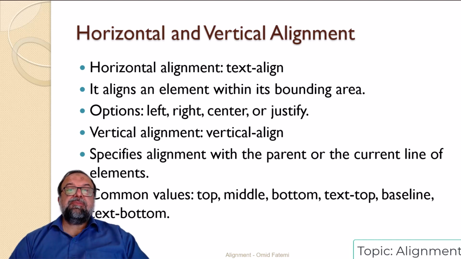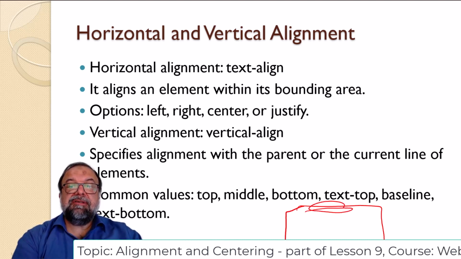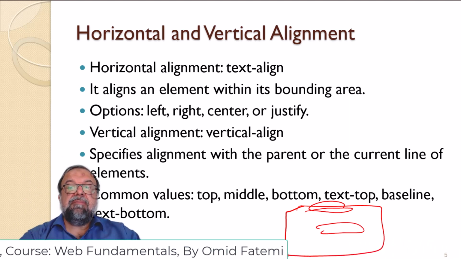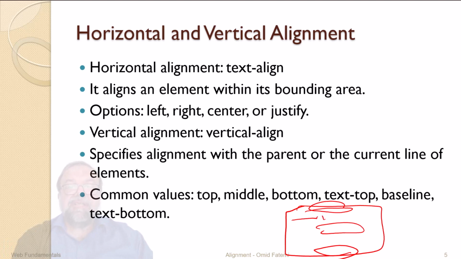The different values for this property would be top, meaning top alignment; middle, vertically in the middle; bottom, so at the bottom; text-top, which aligns the top of the element with the top of the parent element; baseline, which aligns the baseline of the element with the baseline of the parent element; and text-bottom, which aligns the bottom of the element with the bottom of the parent element.